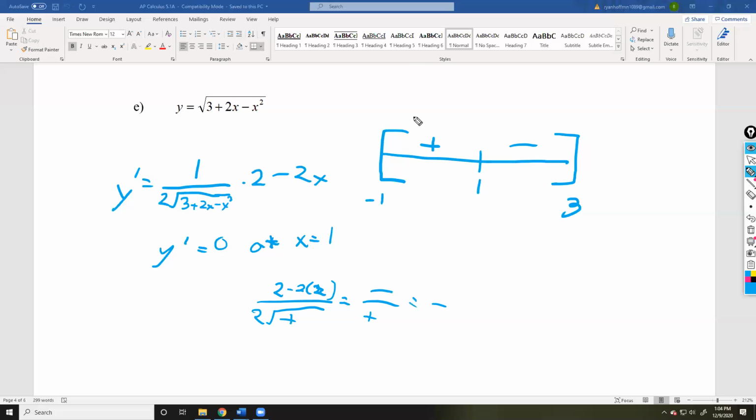So this means we are increasing and then decreasing. We're increasing between -1 and 1, and decreasing between 1 and 3. So that means at 1, we're changing from increasing to decreasing, which makes this a maximum.